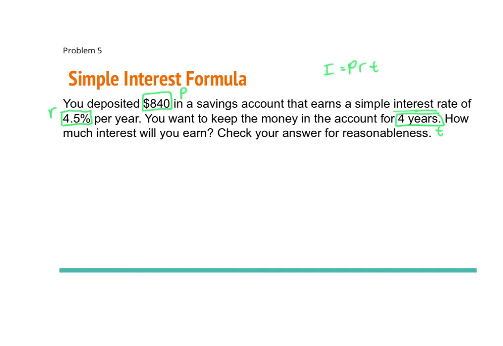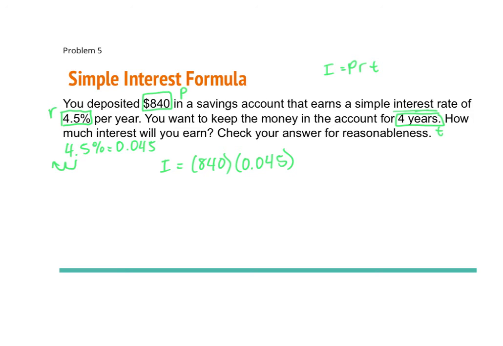All right. So now all we have to do is we have to write interest equals principal times rate times time. So that's 840 times the rate. Remember, 4.5 is not what we put in. We put in 0.045. Why? Because 4.5% changes into 0.045 because you move the decimal place over 2 spaces.